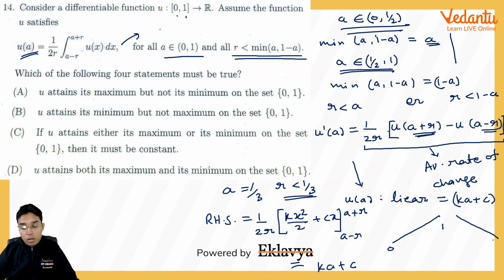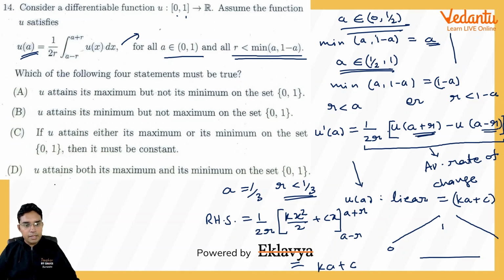Or there is a possibility that k is 0, and then also it is satisfying the relation, because as I said, it is satisfying this definite integration for all values of k and c. So if u attains either its maximum or its minimum on the set, then it must be constant.